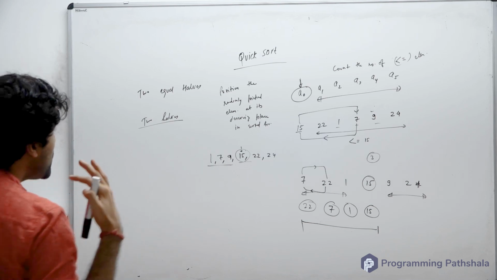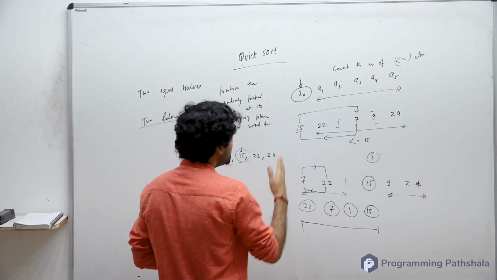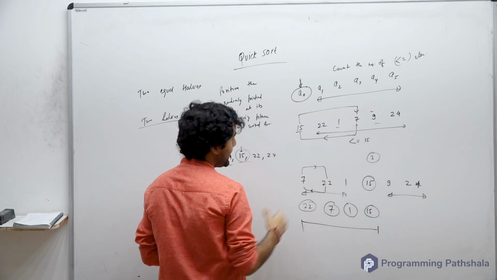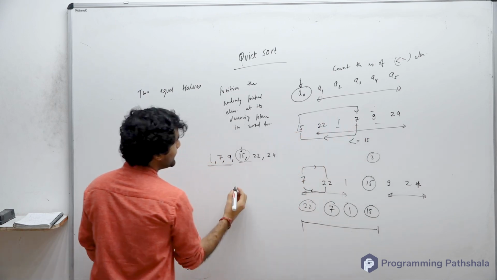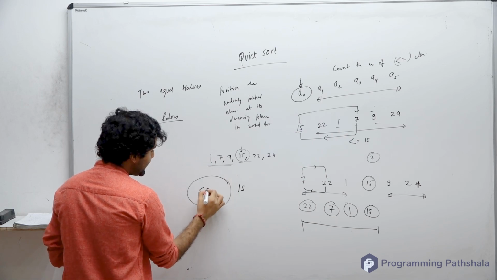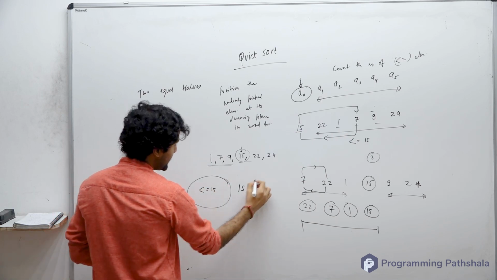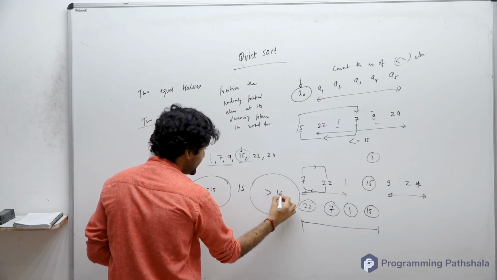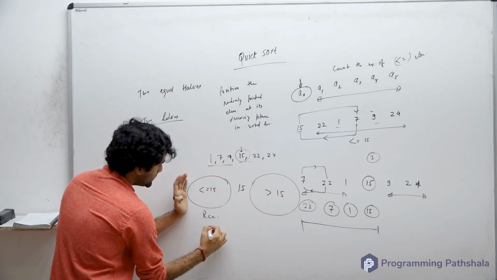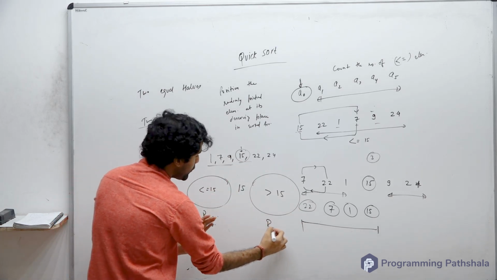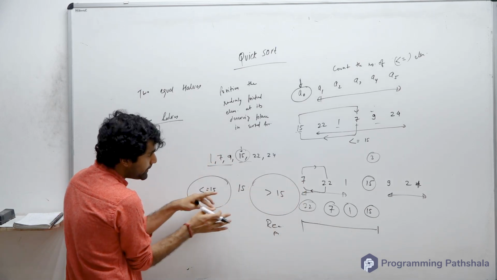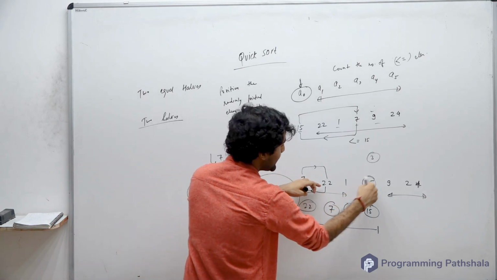So it's not enough to just position this 15 at its deserving location; apart from that, you would want all the elements that are smaller than or equal to 15 to come here, and all the elements that are greater than 15 to come here, because this recursive problem will be different from this recursive problem. It would never happen that you would be able to throw this 22 towards the right of 15.